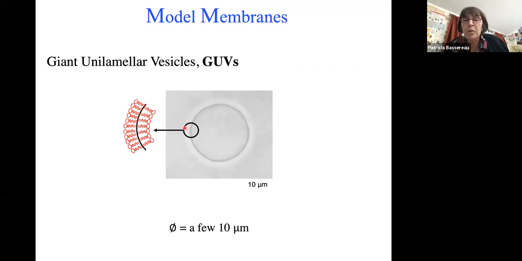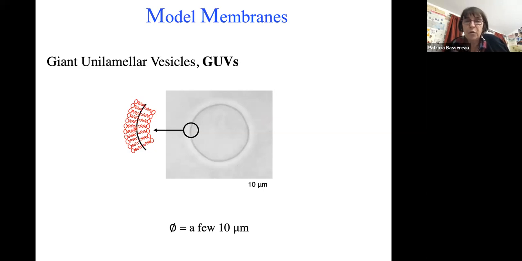A liposome is usually made of a single lipid bilayer, and it can have different sizes. If you want to build a system which has the same size as a cell, you build what is called a giant unilamellar vesicle, or GUV. It's called giant because the size is of the order of tens of microns in diameter. But locally, it's made of a single bilayer, which is about 5 nanometers.